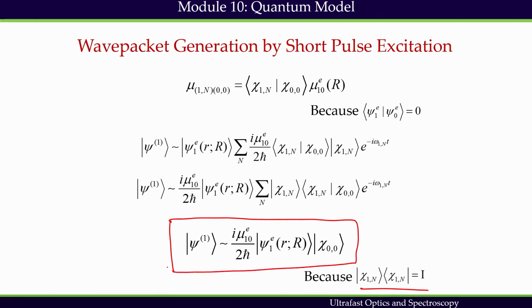What we get, this expression for the excited state suggests that at time t equals 0, when just the interaction is happening, at that time the wave function which I have created is nothing but the ground state nuclear wave function.